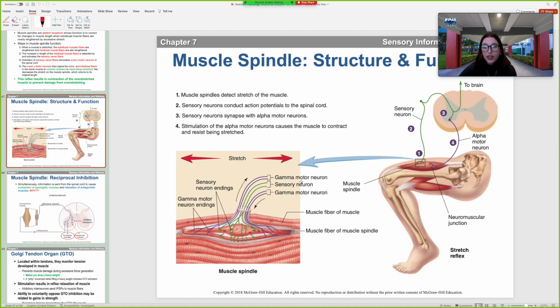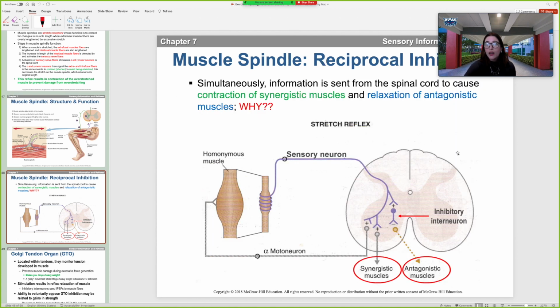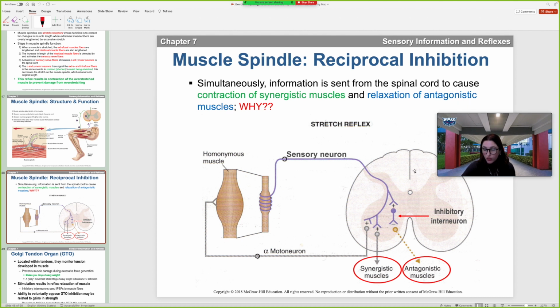Now, I just got finished showing how the muscle spindle will send sensory information and then synapse with the alpha motor neuron to contract that same muscle, right? If the quadriceps here are being stretched too much, then we're going to stimulate it via the alpha motor neuron to contract, to relieve that stretch. However, it's actually also causing inhibition of the antagonistic muscles.